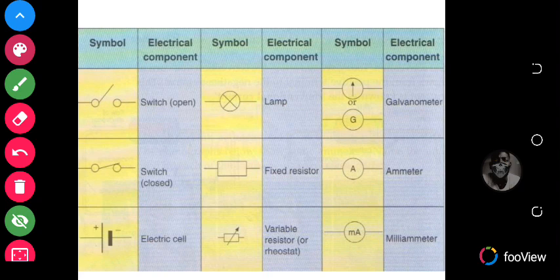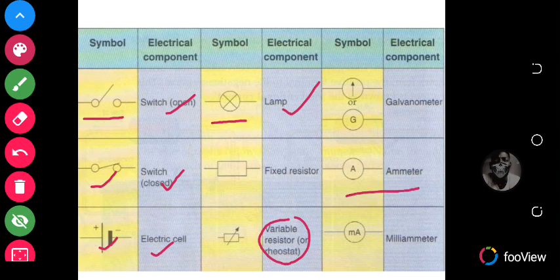So this is a switch, and this indicates that the switch is open. Okay, this is a bulb or a lamp. This is a switch indicating that the switch is closed. This is an electrical cell or a battery. Okay, this is what we call a resistor, so you can ignore these ones for the meantime. And an ammeter is this.